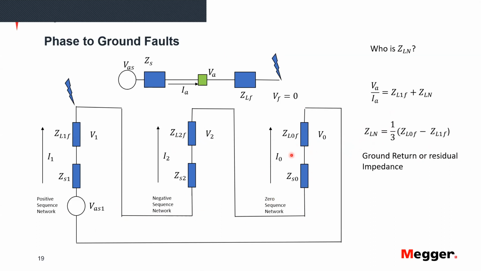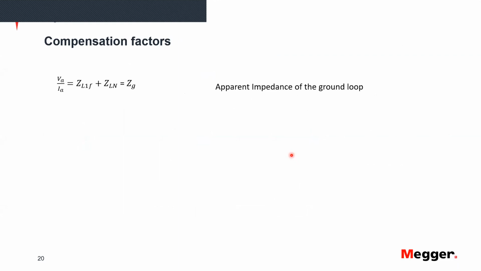Why is this important? Because in every relay out there, for ground faults, as they are called, the phase-to-ground faults, I call them phase-to-ground faults, but in most of the literature they call them ground faults, you have these compensation factors.